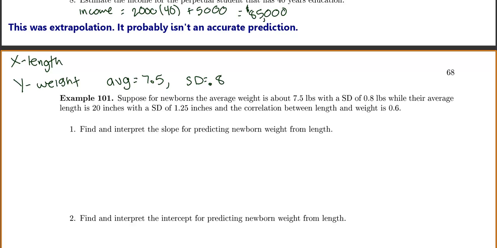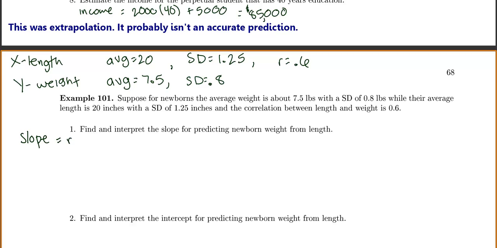For length, my average is 20, the standard deviation is 1.25, and our correlation is 0.6. That will help me to have everything summarized. Number 1, find and interpret our slope for predicting newborn weight from length.